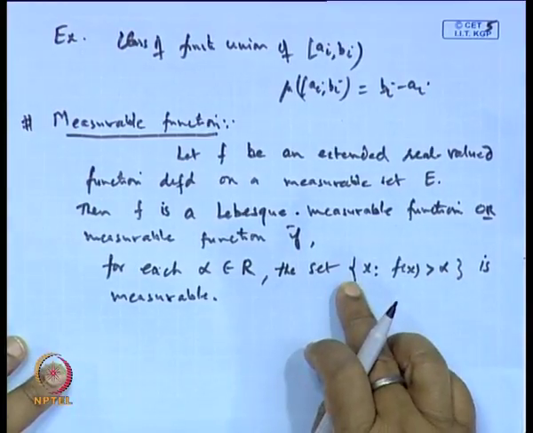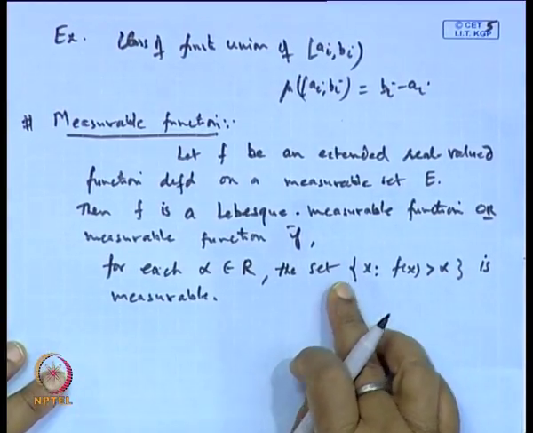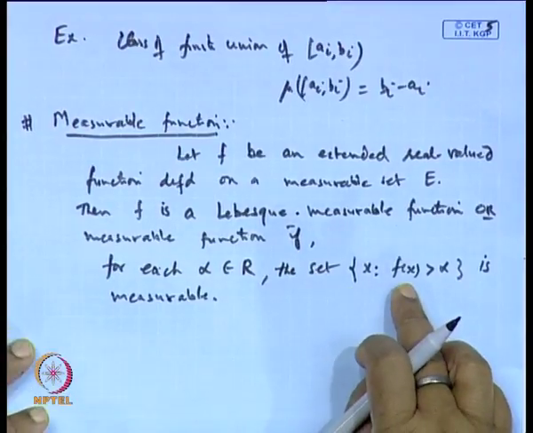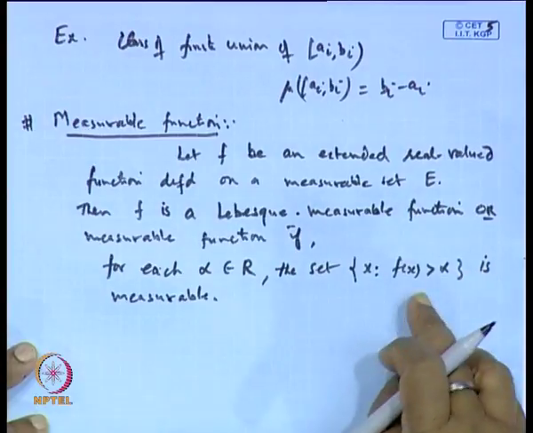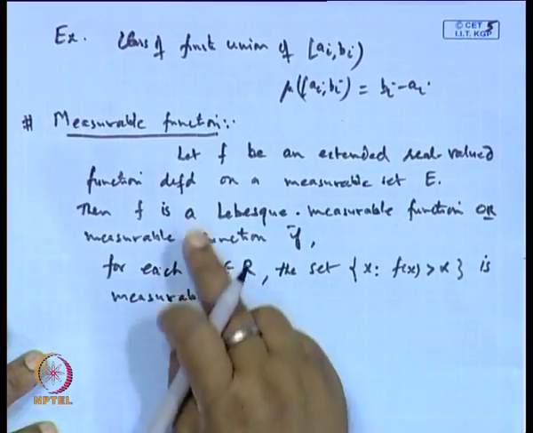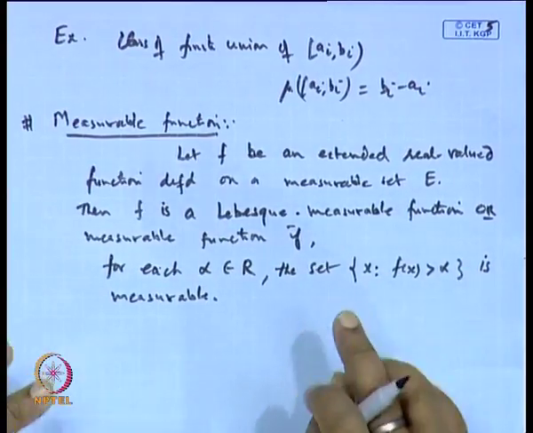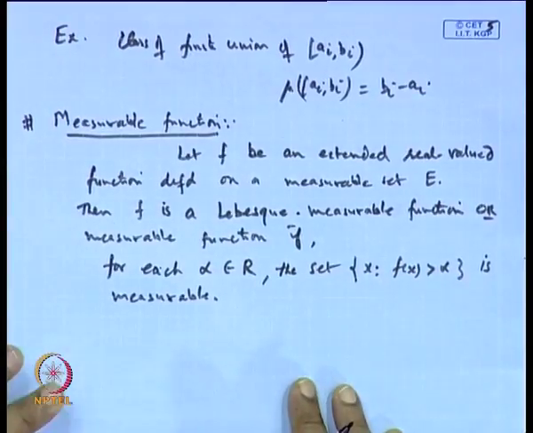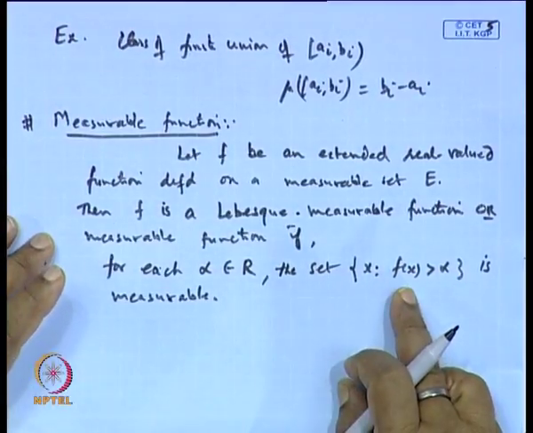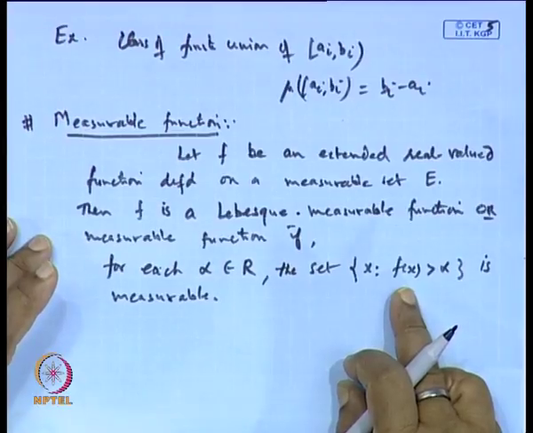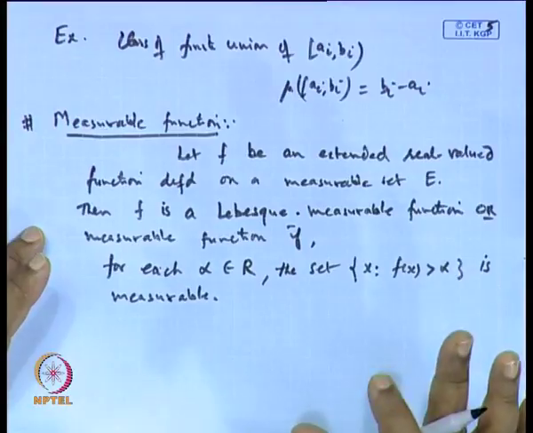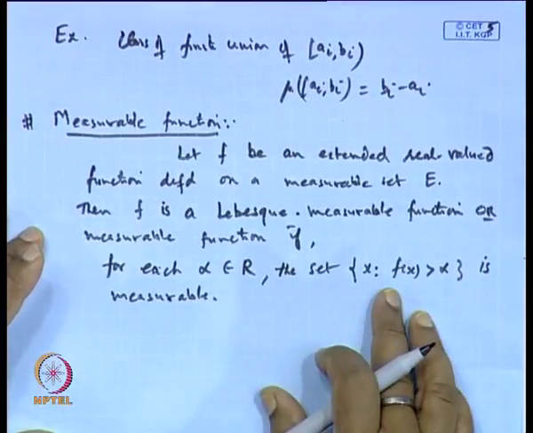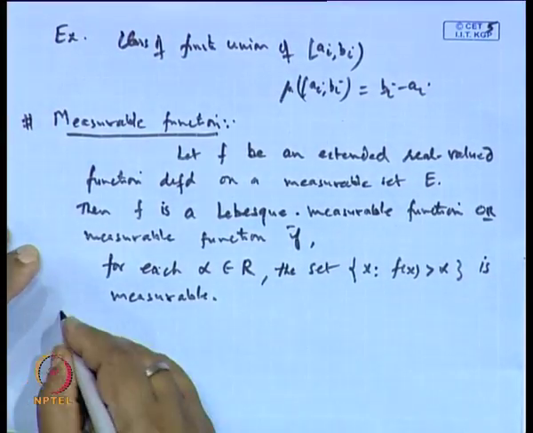That is, if I take this set to be E, then m star of A equals m star of A intersection E plus m star of A intersection E complement. If this is satisfied for m star or mu star, then this set will be a Lebesgue measurable set. So, in order to show the function to be Lebesgue measurable, we have to show the corresponding set is a Lebesgue measurable set.